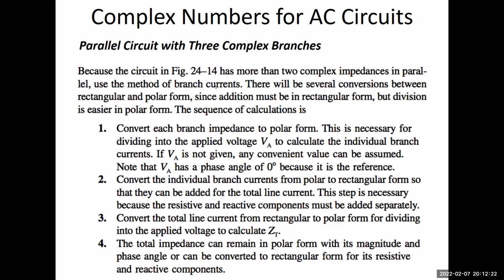Okay, so next step, you convert the total line current from rectangular to polar form for dividing into the applied voltage to calculate Z sub P, or the total impedance. Kasi the total impedance will have a ratio between the voltage and the current. So division yung mathematical operation in between. So it is best that the two values are in polar form. So para mas madali ang operation.